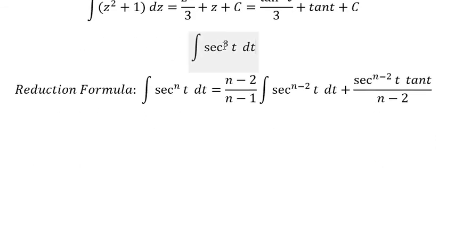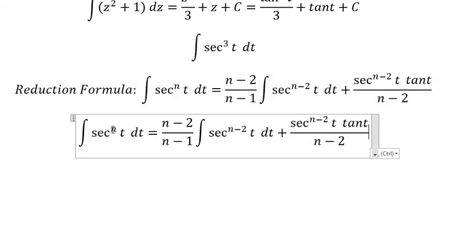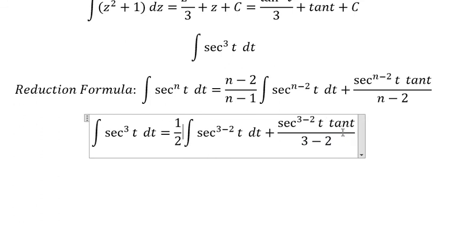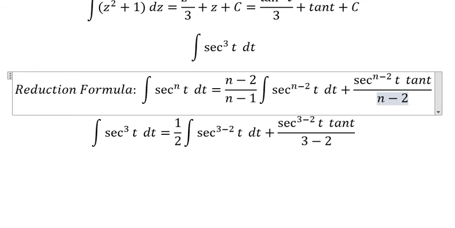So n is number 3. We put number 3 in here. So this one we got 1 over 2. This is n minus 1, sorry.